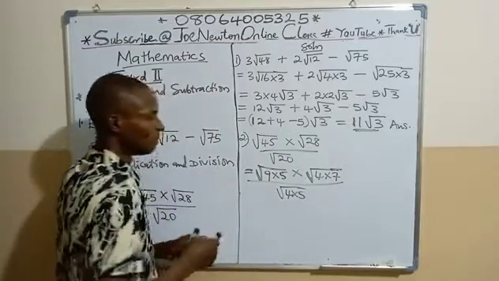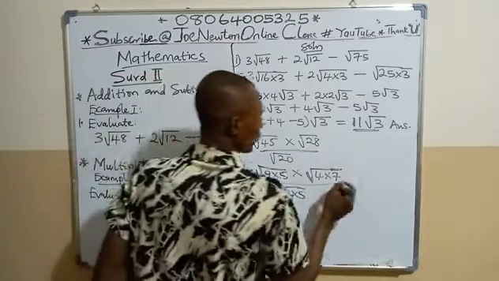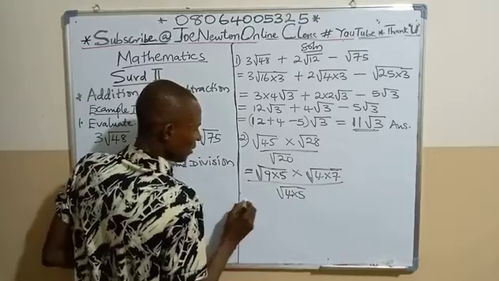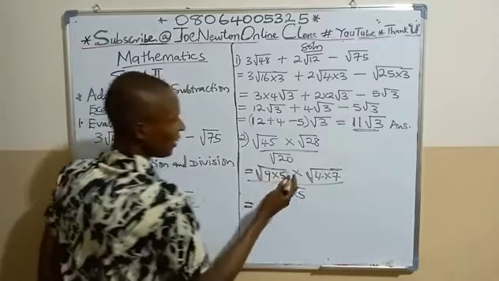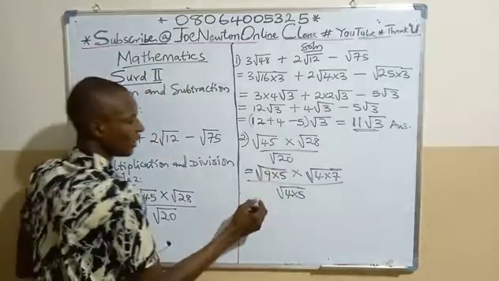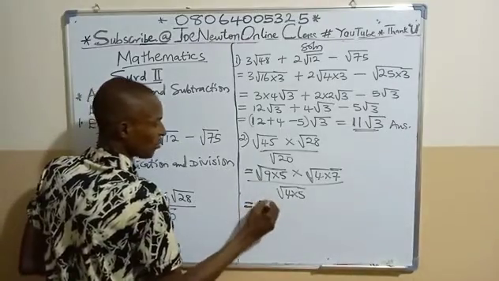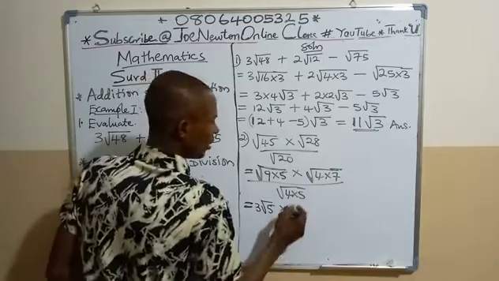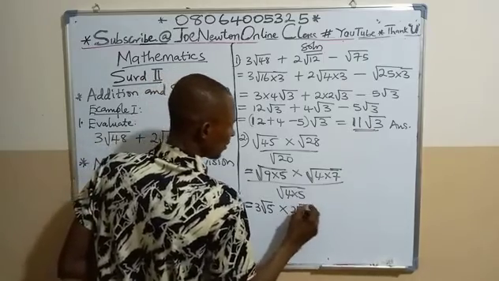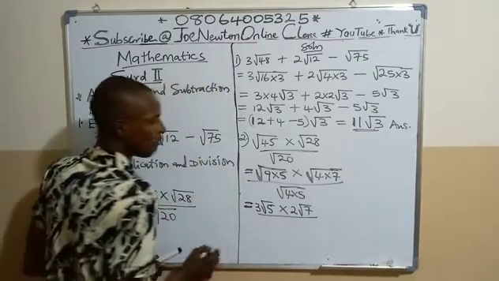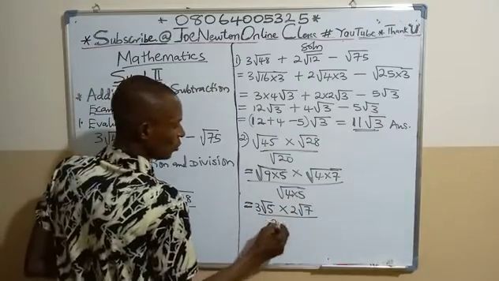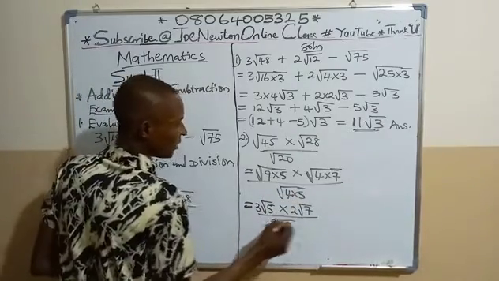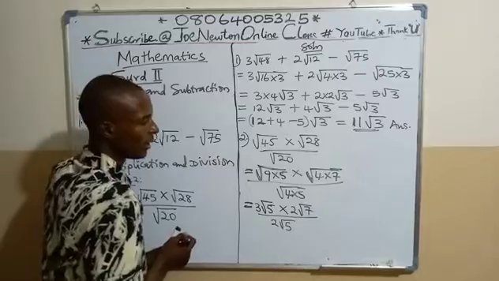That will give us 20. So this will give us root 9 times 5. The square root of 9 is 3. That will give us 3 root 5 times square root of 4 is 2, 2 root 7, all over square root of 4 is 2, 2 root 5. You see, that is what we have.